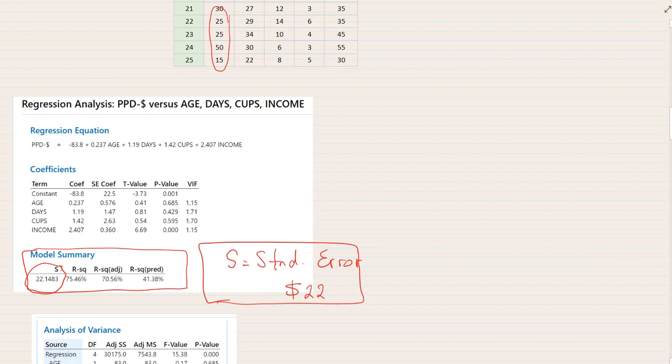So if I say the next person walking in, if that person is an average person, is going to purchase $60, I could be off by as much as $22 on that, give or take $22.